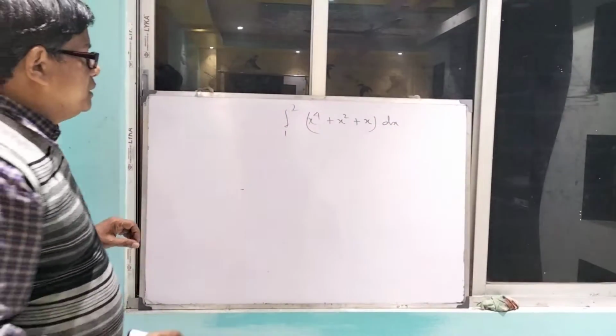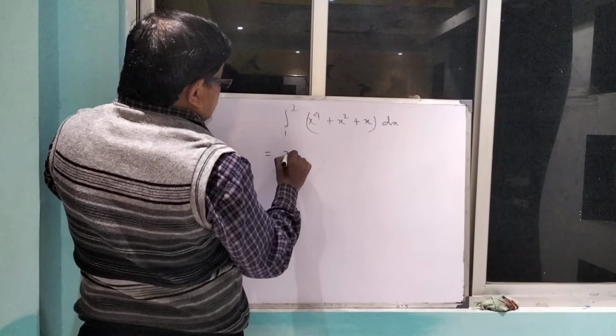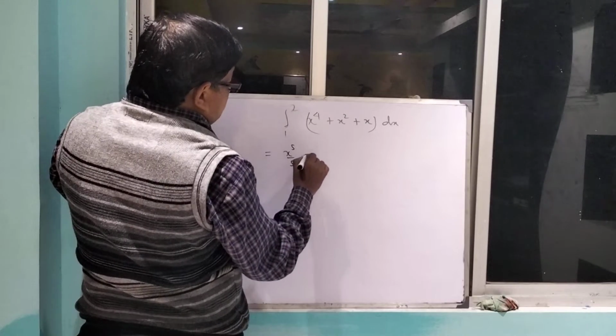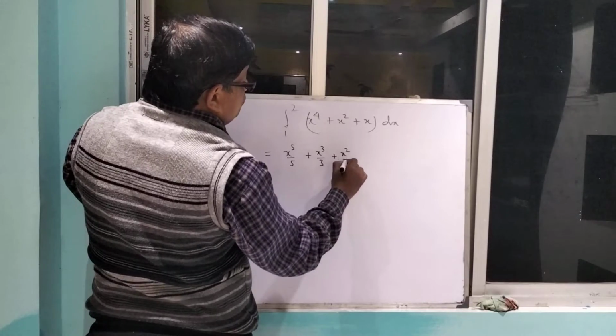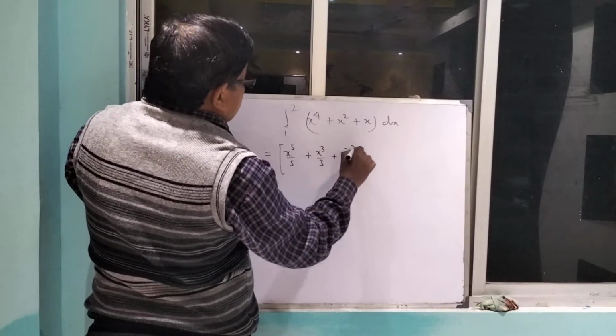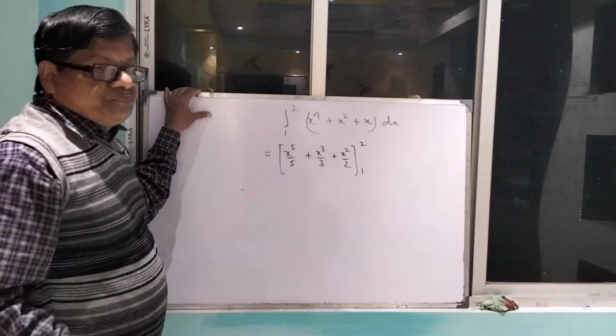Okay, simple formula is there, right? x to the power 5 by 5 plus x cube by 3 plus x square by 2. Okay, right, 1 to 2.